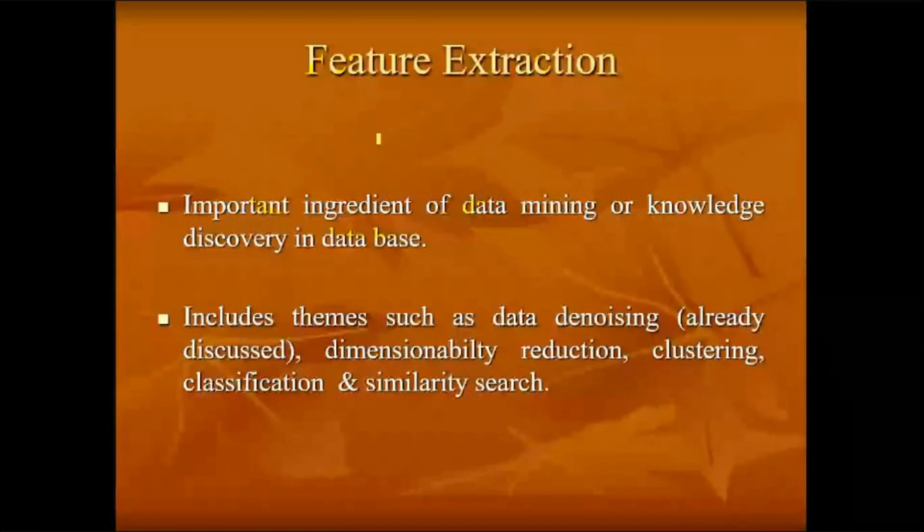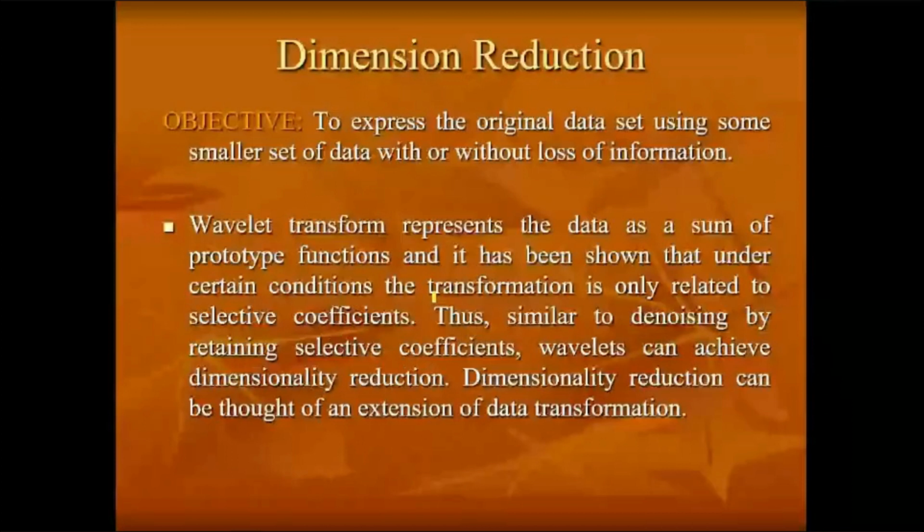In the earlier slide I told that in feature extraction the first objective is to reduce the data size. So how can the wavelet fit for dimension reduction? This is very important.